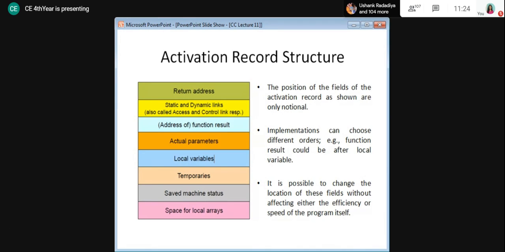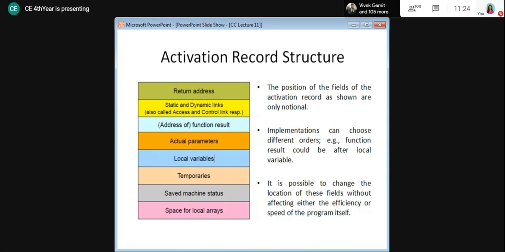So if some more memory is to be allocated, then it has enough space to expand. That is why arrays and such records are kept at the end. But it totally depends on the implementation of the compiler, how the activation record structure is maintained.